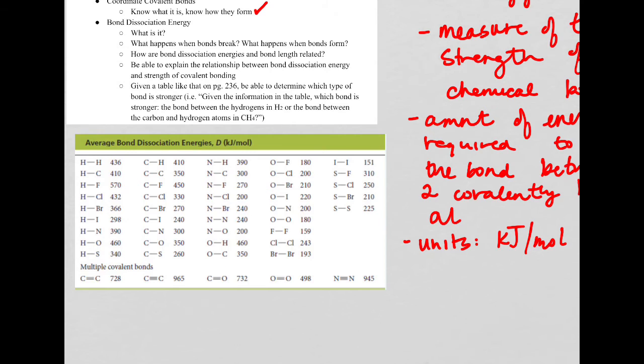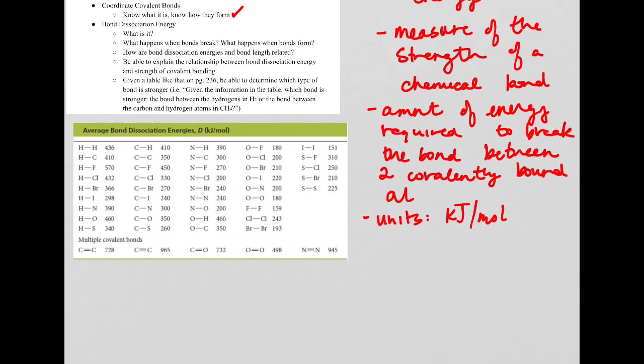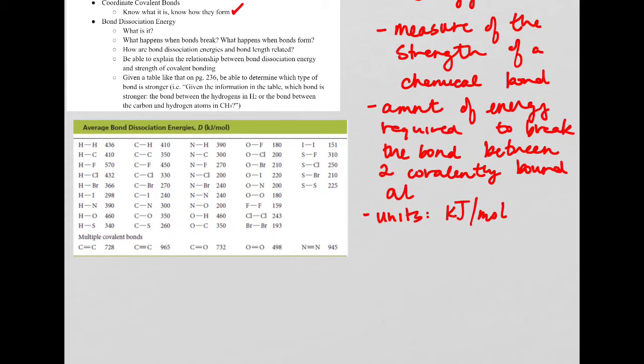So you look here at a hydrogen-oxygen bond. It takes a lot more energy to break a hydrogen-oxygen bond than it does to break an oxygen-oxygen bond, right? Okay, so that's what the bond dissociation energies tell us. And of course you should know that when bonds break, that requires energy.